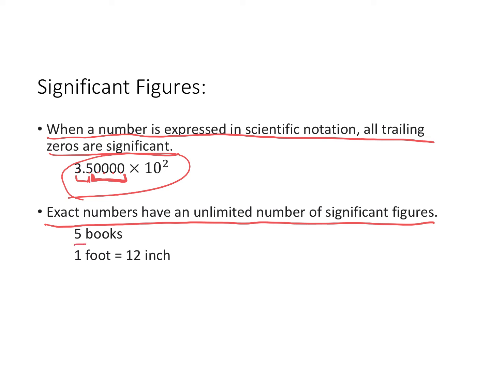And the other thing is when we define quantities, and I have, for instance, 1 foot is 12 inches. This 12 is an exact number. If I tell you 1 foot is 12.00 inches, you're like, what does that mean? It doesn't mean anything because I didn't measure this 12. It's an exact number.